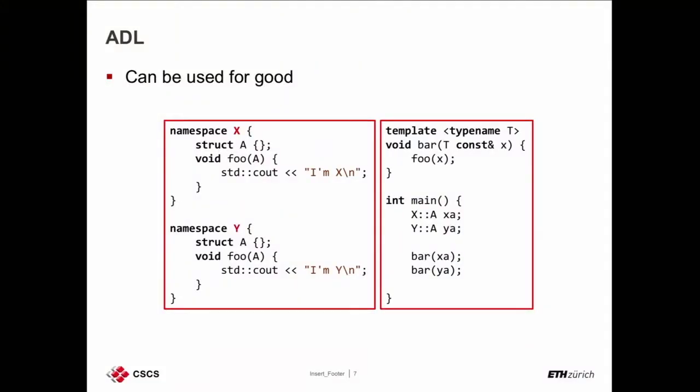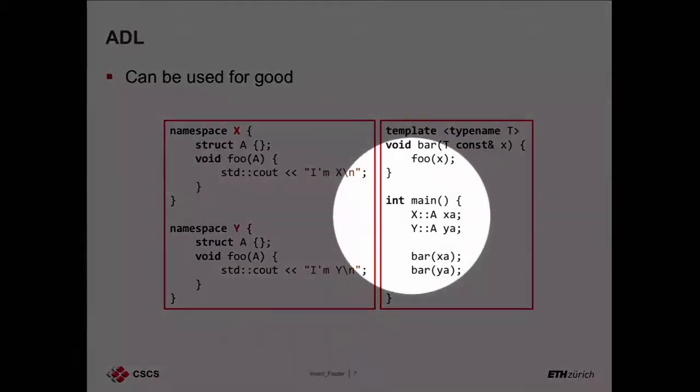ADL can be used for good. It can be your friend, and I guess Anton will expand on this quite a bit. But basically, look at the code around here.